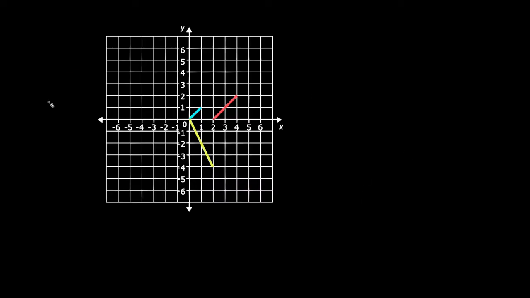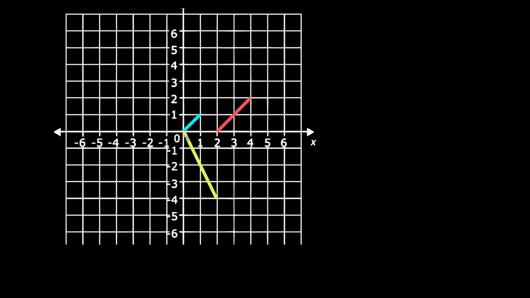Alright, let's look at some other examples and reason through them. Let's look at this light blue line, which goes from 0, 0 to 1, 1. What's its length? Well, notice that it's in a box. It's in a square that's 1 by 1, and it's the diagonal of its square.